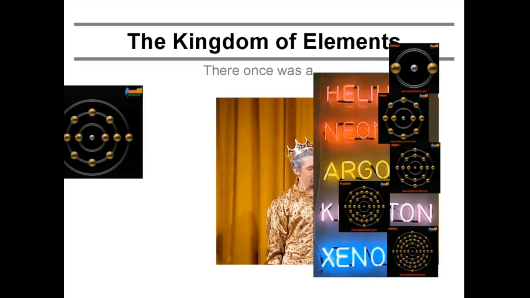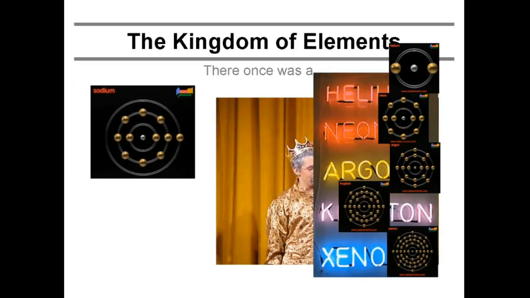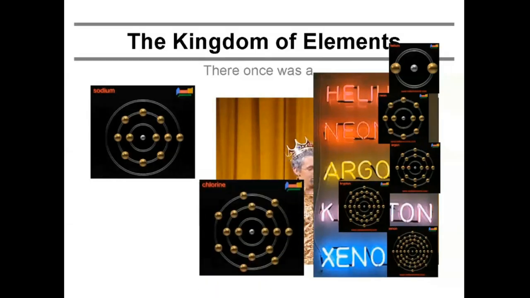Now, there are 2 of the serfs I want to introduce you to. We're going to use an example, sodium. Sodium was out there, and chlorine was out there. And both sodium and chlorine were totally infatuated with their kings and queens.